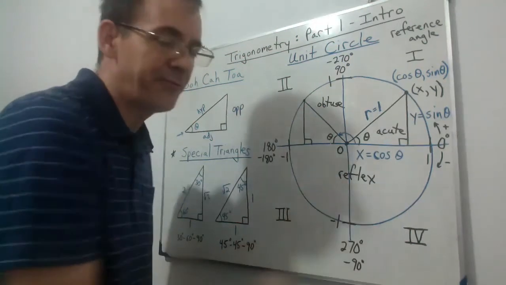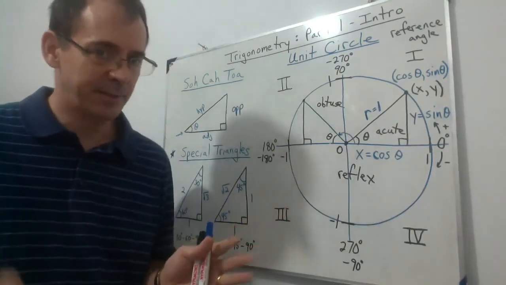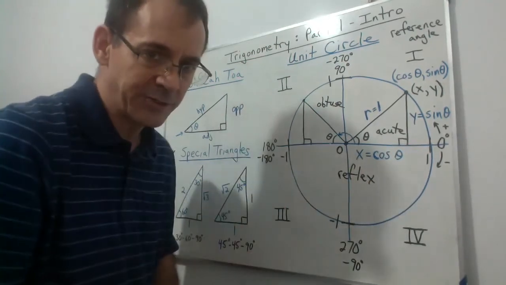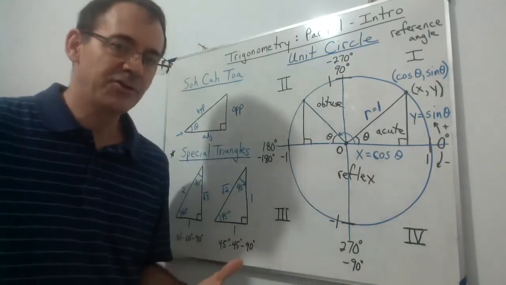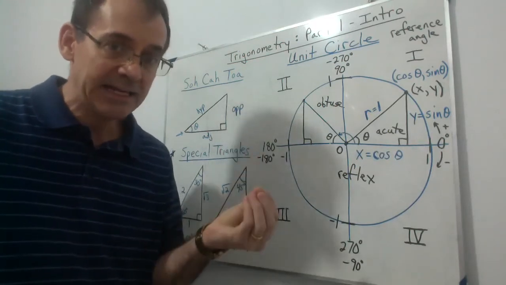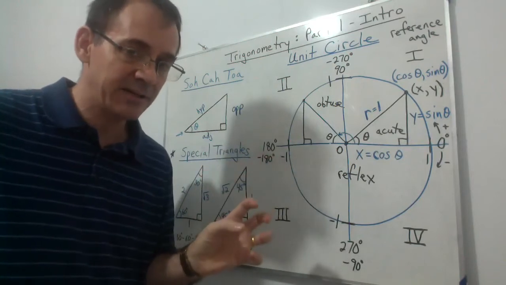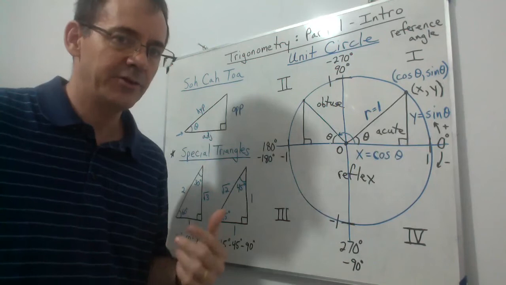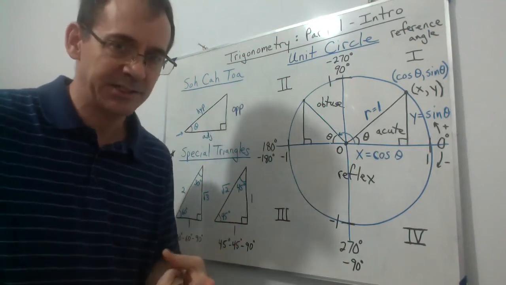When it says reflex, you're going to have to think a little bit, because it could be third quadrant or it could be fourth quadrant. So then you're going to have to look at the sign, that is the positive negative, of a trigonometric function, and it will either give you cosine or tangent.